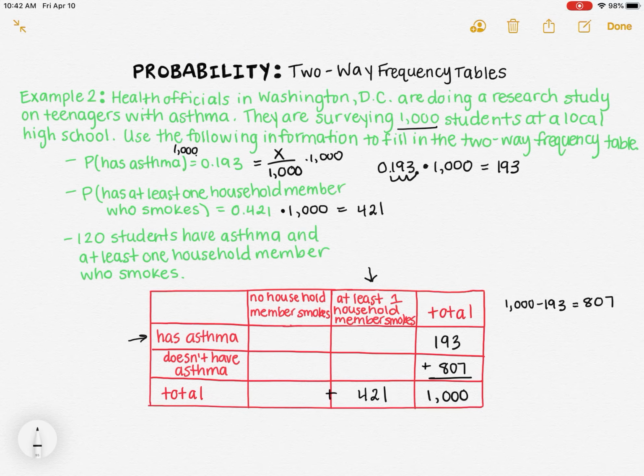And then I can also find the total that goes in this box because it needs to add up to 1,000 as well. If I know 421 have at least one household member who smokes, then if I subtract that from 1,000, it'll give me the number that does not have a household member who smokes. So 1,000 minus 421, that will give me 579.